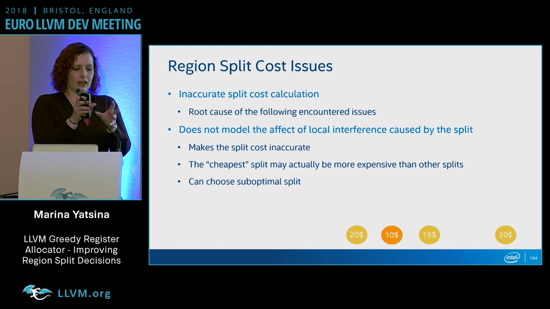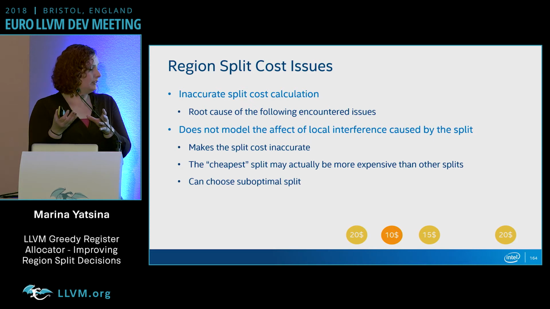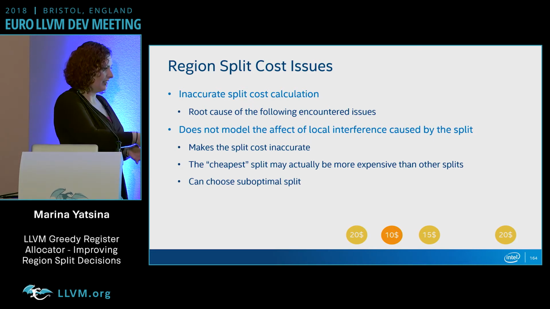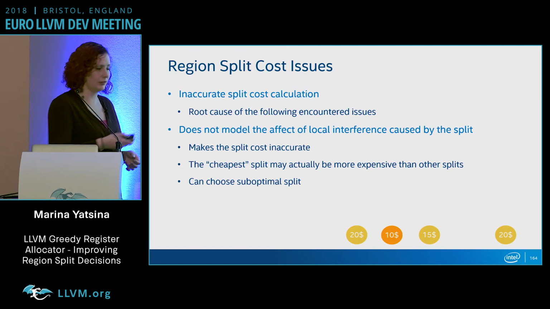That local interference may have a negative effect. It may cause redundant moves or a lot of spills, and we do not consider that during the split. So when we determined that the split for R1 was $10, we ignored that this may add an additional $10 and may no longer be the best split of the bunch.